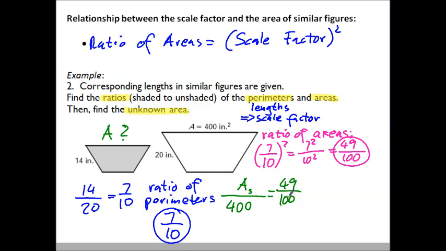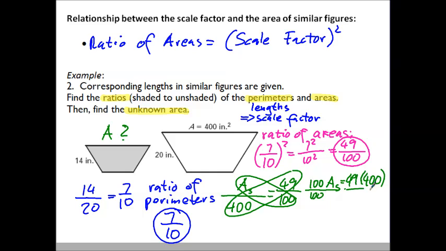Now let's go ahead and cross multiply our proportions. 100 AS is equal to 49 times 400. Now I could have already done the multiplication here, but instead, since we're now going to divide by 100, I kept it.